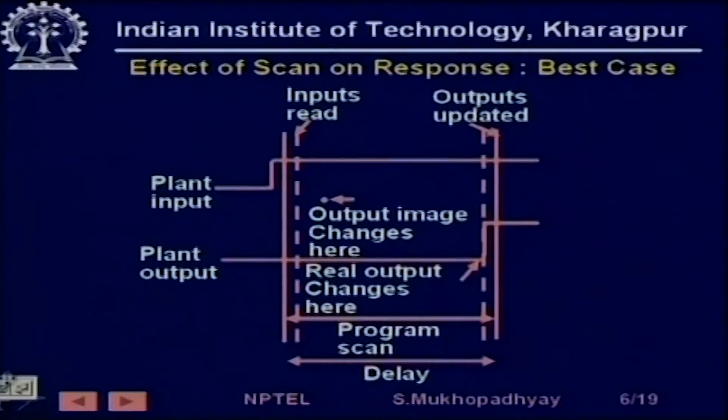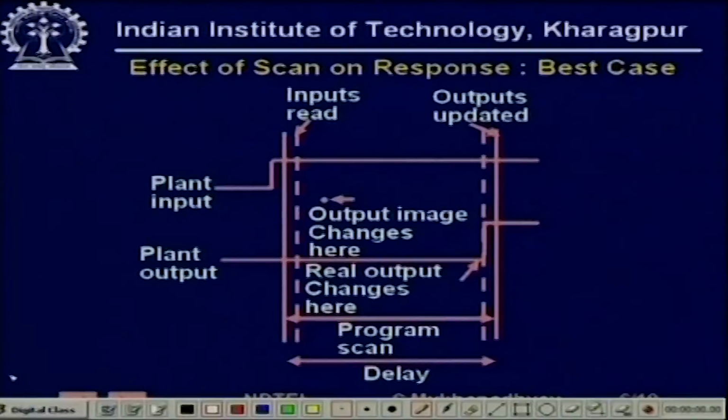So now we have to see what is the result of these activities, this kind of scanning, what kind of impact it has on the various input and output updating. Typically we are interested to know how much delay we can expect in responding to an input change. So imagine that there could be a best case and there could be a worst case.